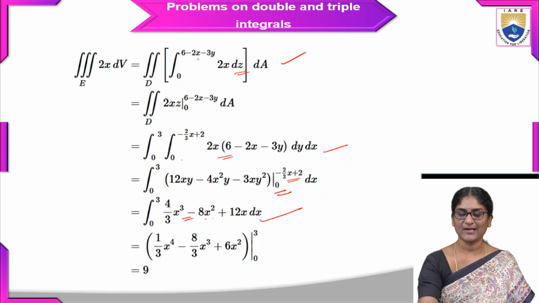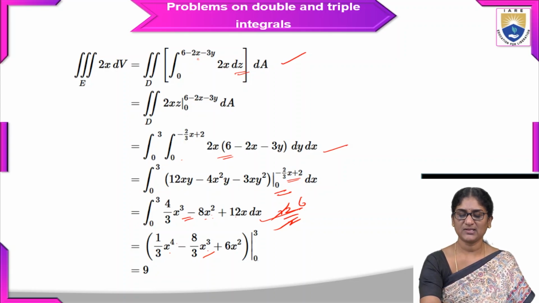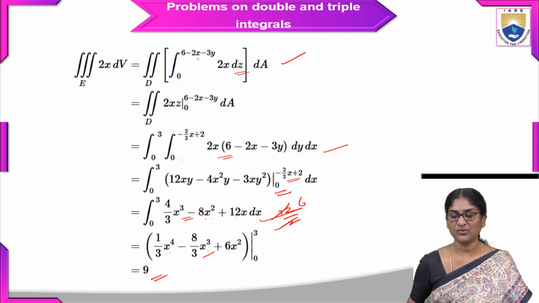Upon integrating, x³ becomes x⁴/4, which gets cancelled, minus x³ by 3, that is 8/3 x³, plus 12x²/2, which is 6x². Again you apply the limits for x from 0 to 3, and we are going to get 9. So this is the numerical value for the triple integration of the second question.